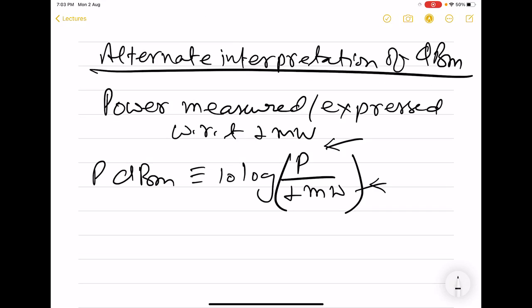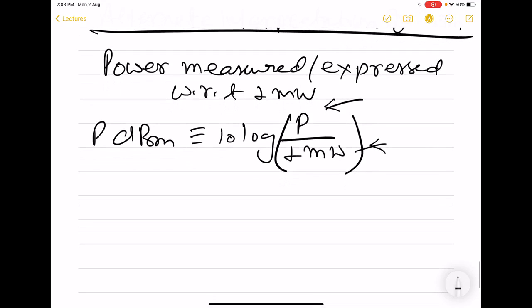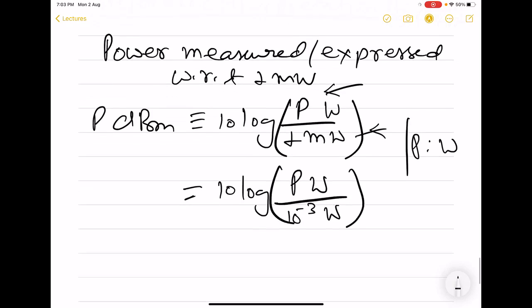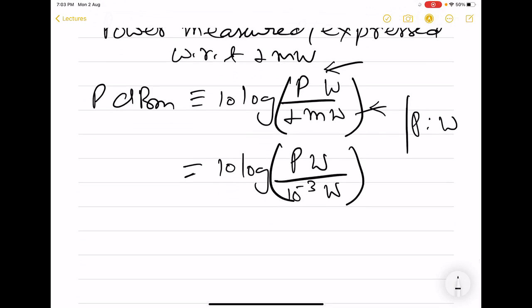And here the original power could be in any unit, either in watt or milliwatt or microwatt, it doesn't matter. So say for example, if P here is in watt, then how will the calculation go? P is in watt and this milliwatt can be expressed as 1/1000 of a watt. So now both the quantities are in watt and the ratio is going to be unitless.